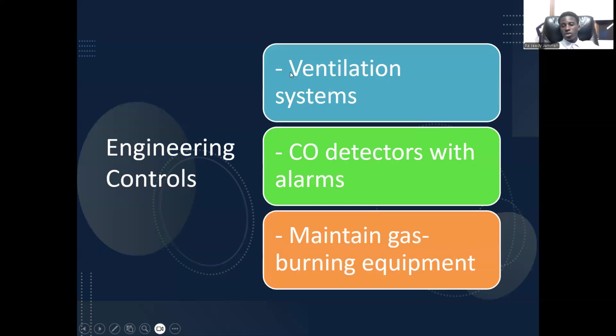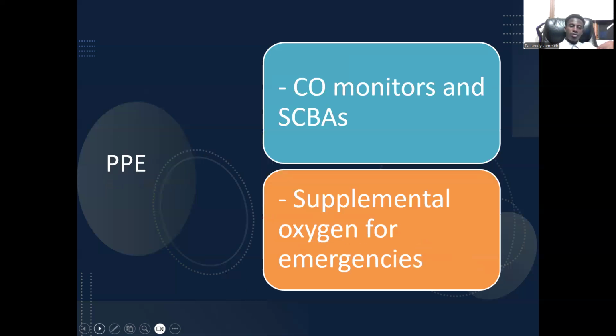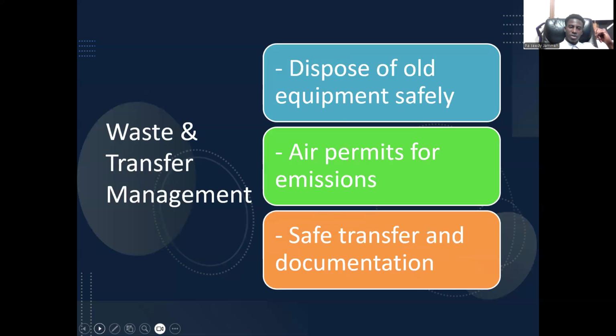So the engineering system controls may include proper ventilation systems, installation of carbon monoxide detectors, and maintaining gas burning equipment. We also have personal protective equipment here, which has to do with the supply of oxygen and first aid for emergency response.